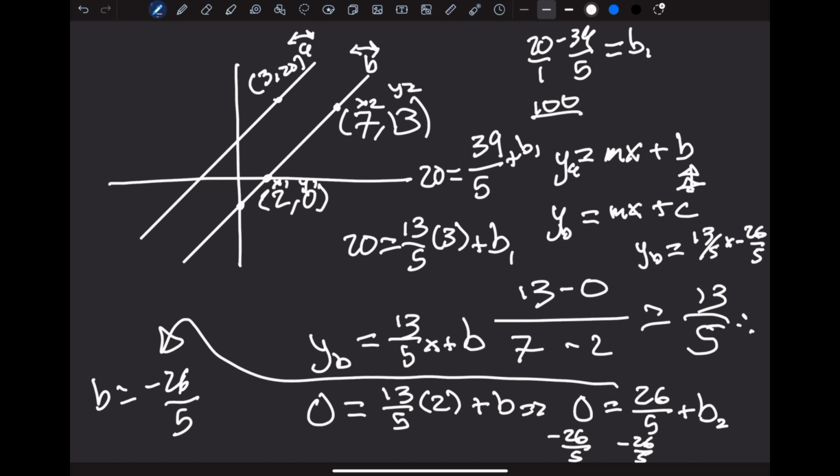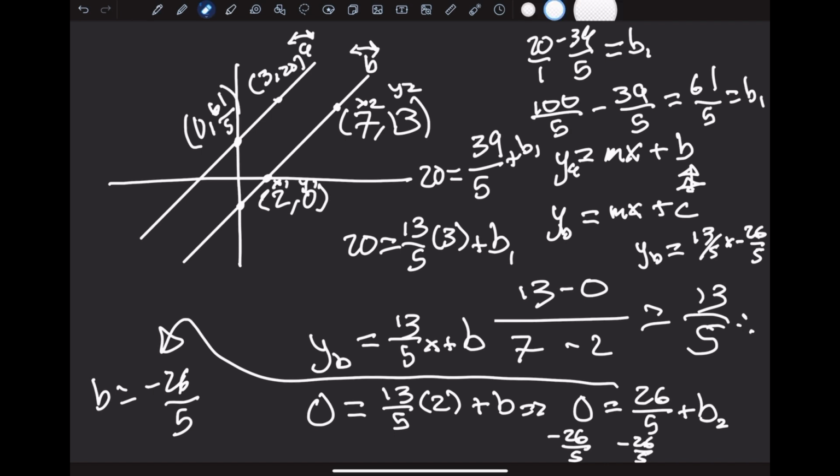So 100 over 5 minus 39 over 5 is equal to 61 over 5, which is b1. So this intercept would be 0, 61 over 5. And that'd be it.